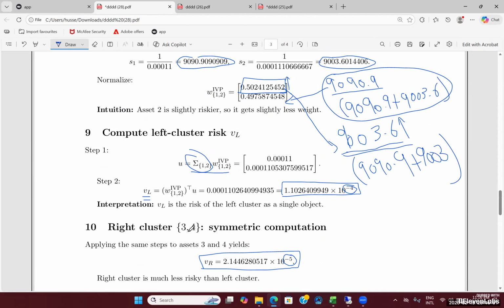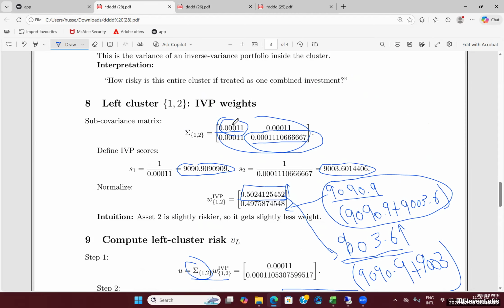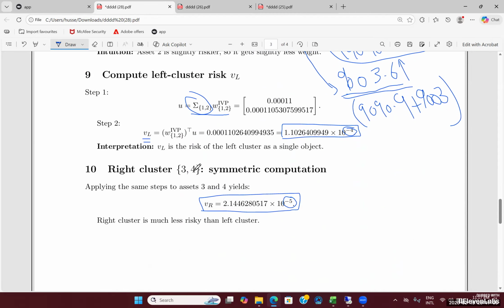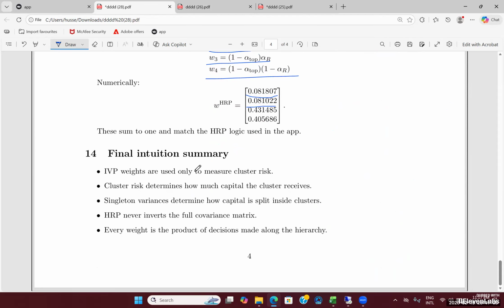We did perform an inversion, but it was simply a straightforward inversion of a single number, such as the variance of each individual asset when we determined the variance for the left cluster and then for the right cluster. That was just a simple inversion of a single value. We never actually performed the inversion of the variance-covariance matrix. So, this particular point could certainly be seen as an advantage.